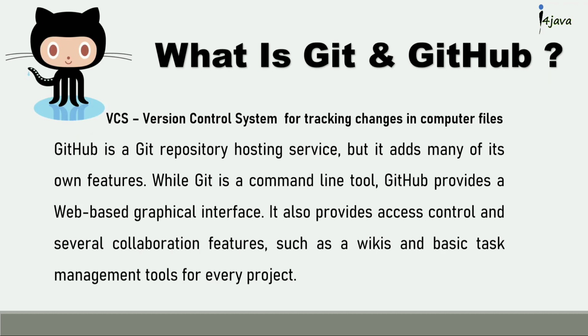Okay, so let's understand what is Git. It is a version control system for tracking changes in computer files. GitHub is a Git repository hosting service, but it adds many of its own features, while Git is a command line tool. GitHub provides a web-based graphical interface. It also provides access control and several collaboration features such as wikis and basic task management tools for every project.